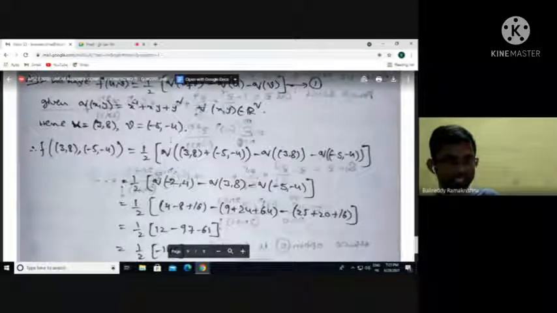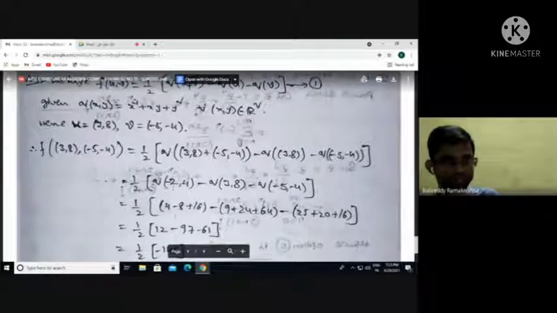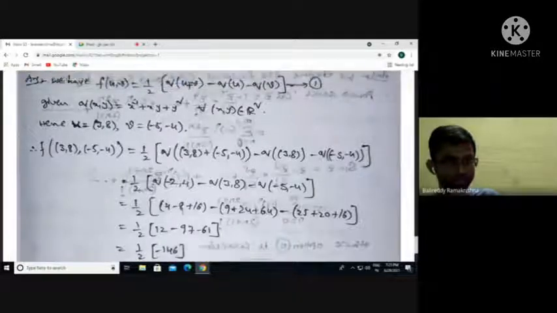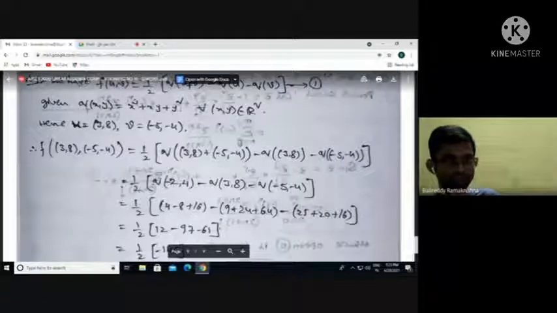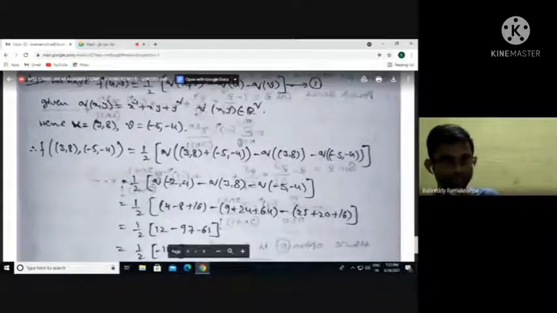So substituting these values, we get 1 by 2 into [x square, meaning (-2) square which is 4, plus xy, meaning -2 into 4 which is -8, plus y square, meaning 4 square which is 16, minus q of (3, 8)]. Substituting x equal to 3 and y equal to 8, we get 9 plus 24 plus 64, minus q of x equal to -5, y equal to -4, so we have 25 plus 20 plus 16.